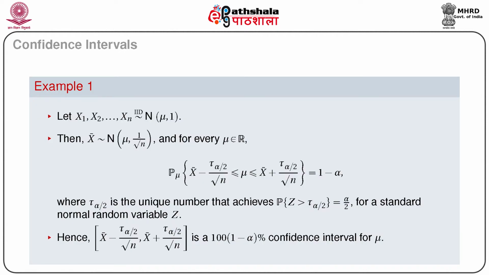Let us consider an example. Let x1, x2, up to xn be a random sample of size n drawn from a normal population with mean mu and variance 1.